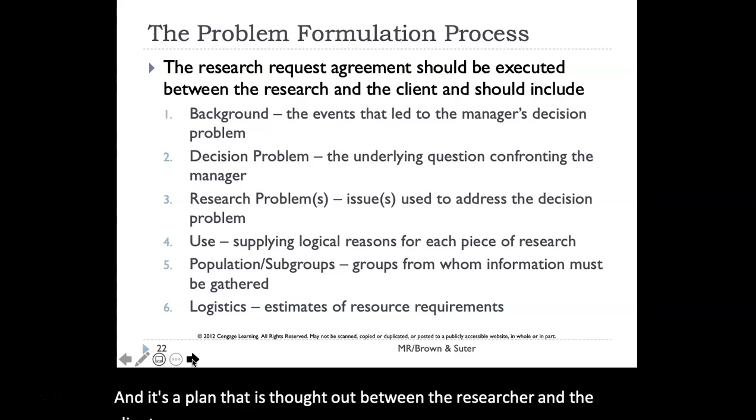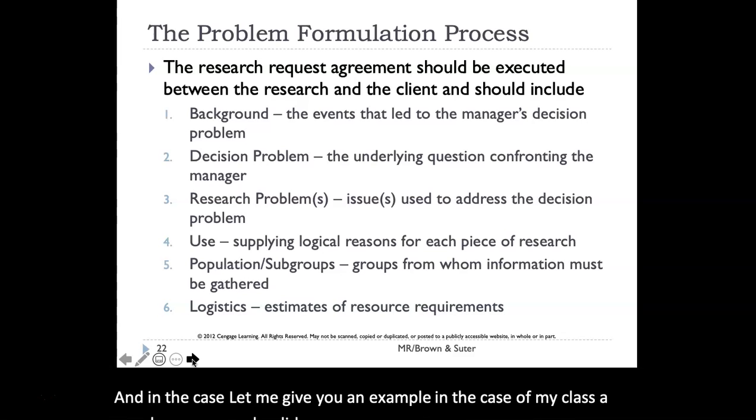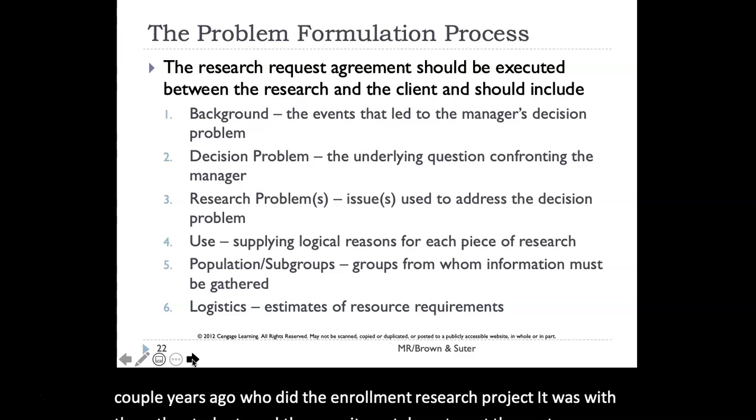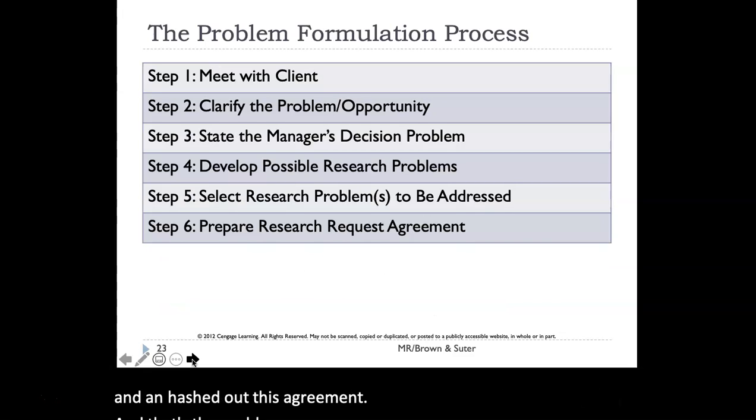Let me give you an example. In the case of my class a couple years ago who did the enrollment research project, it was with them, the students, and the recruitment department. They got together and hashed out this agreement. And that's the problem formulation process.